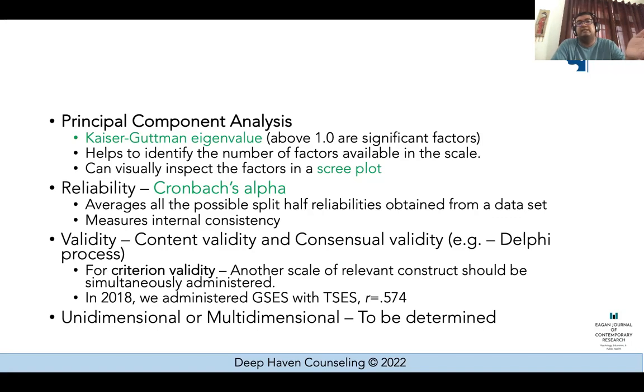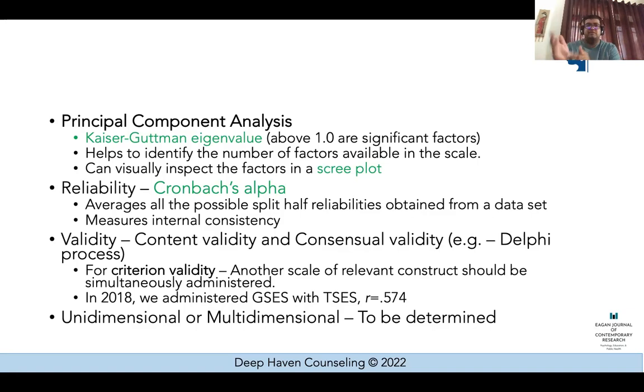If you want to do criterion validity, when you administer your scale, you have to administer another scale that might relate very well with the concept or construct that you are testing. For example, when I did this particular study for generalized self-efficacy, the first time we didn't do criterion validity. But the second time, we simultaneously administered the Teacher's Sense of Efficacy Scale as well.